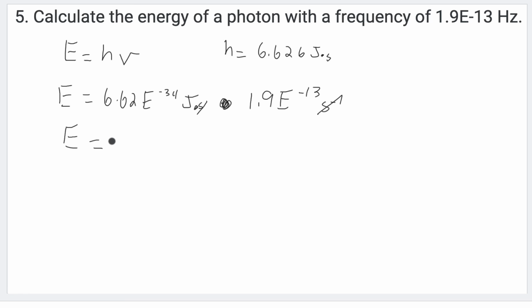So if you multiply those out, you end up getting, I think, if I did it right, 1.3 e to the negative 46 joules. Okay, that's problems 1, 3, and 5. You should try problems 2, 4, and 6. I'll be making a second video that goes with this in a few minutes here.